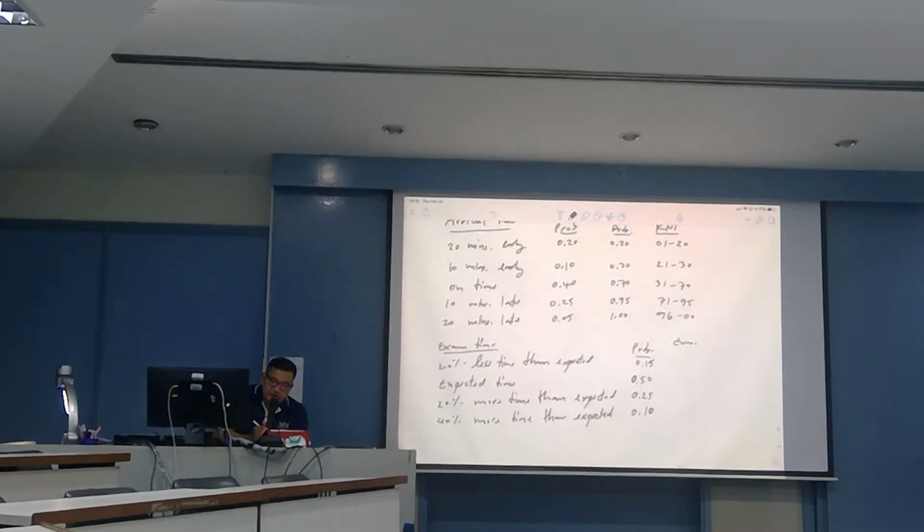Then we do the same way: calculate the cumulative probability distribution. And I see 0.15, 0.65, 0.90, 1.00. If we have Rn2 to be the random number 2 for exam time, we have 01 to 15, 16 to 65, 66 to 90, 91 to 100.